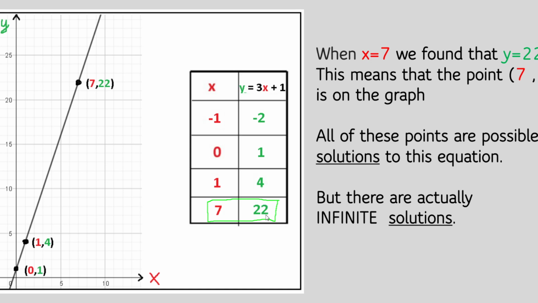When y is 22, x is equal to 7. And actually there's infinite solutions for this, right? Because any point on this graph, if you plug in that x and y, it's going to work for that equation. So these are all solutions. There's infinite of them. This line goes on forever.